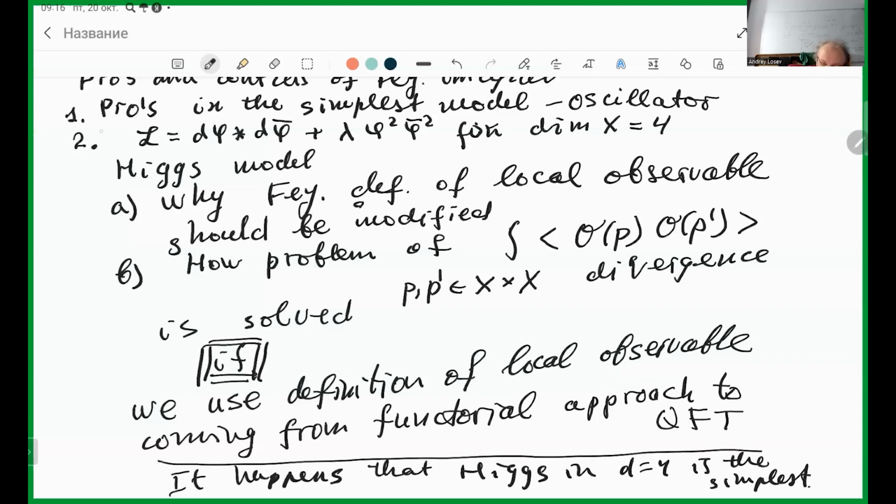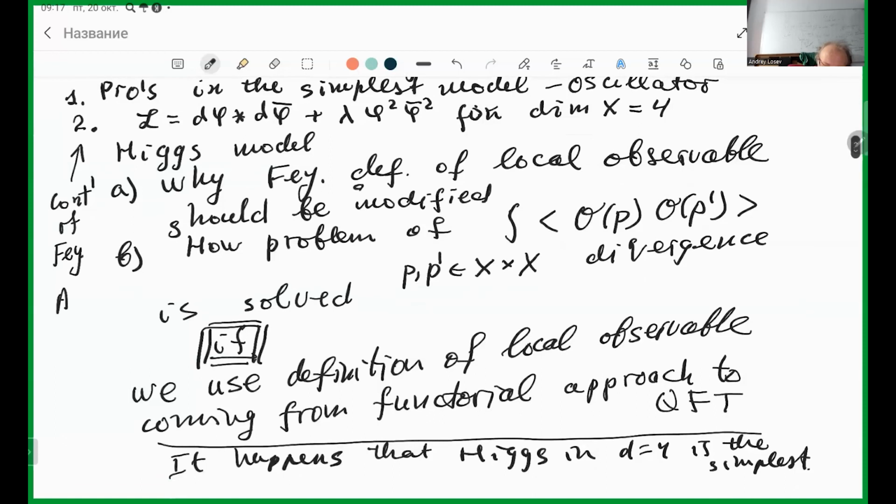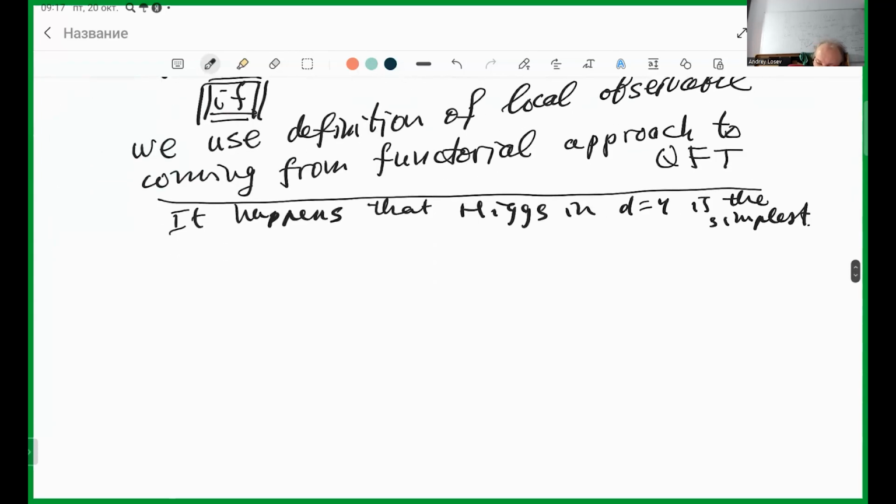And point 2 is, of course, contras of Feynman approach. So I don't want to be shy. I want to make a clear statement.